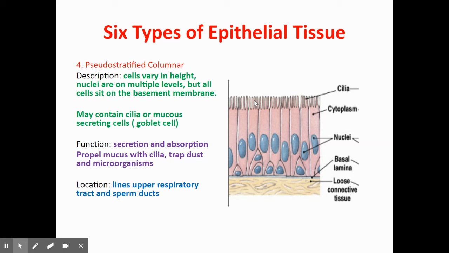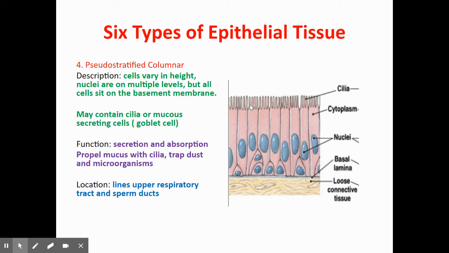It's going to keep the mucus moving, and so an example would be the lining of your lungs, where you have pseudostratified columnar cells. If you breathe in things like dust or any kind of microorganisms, they get trapped in that mucus, and the cilia move the mucus along to keep the lining of your lungs clear.